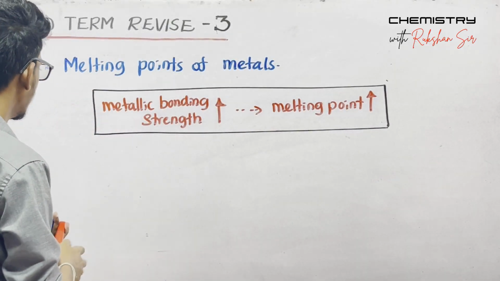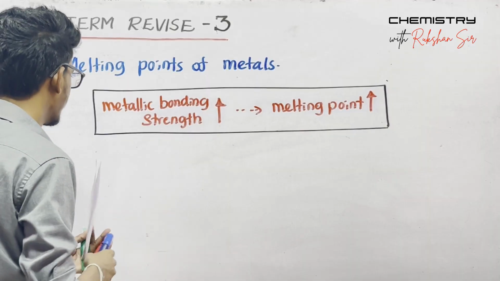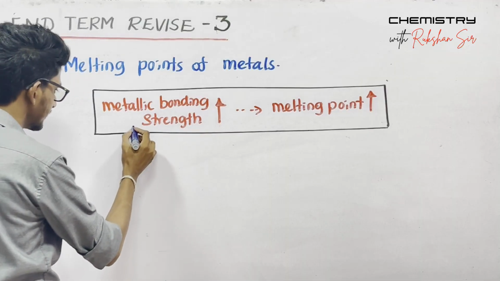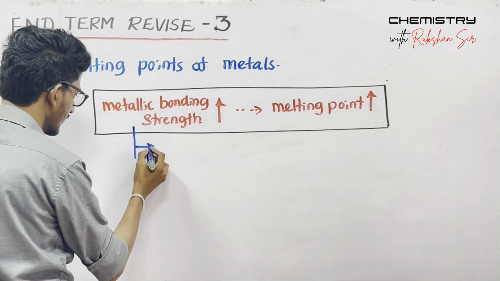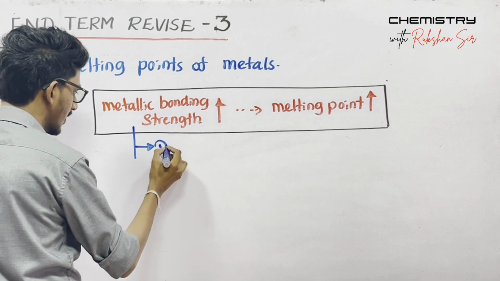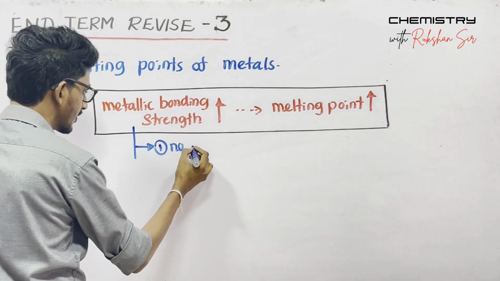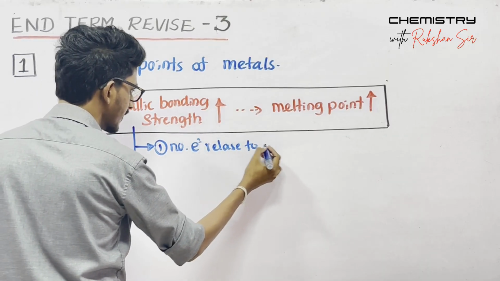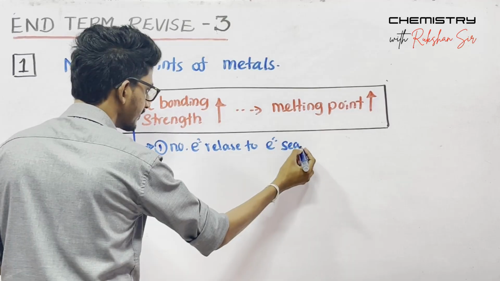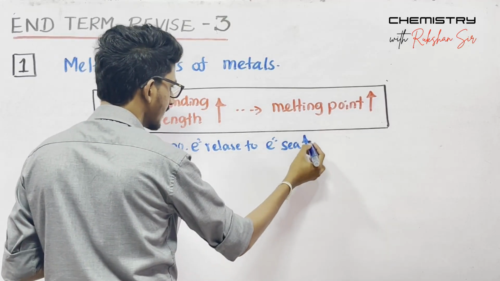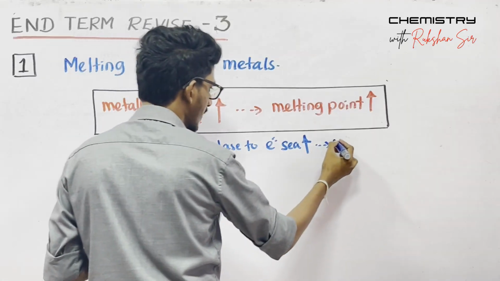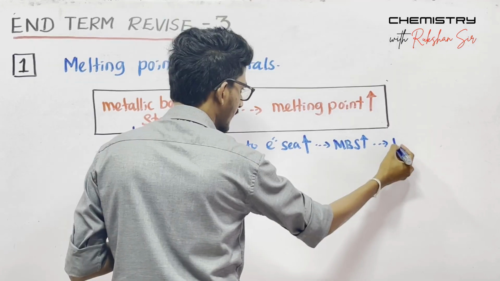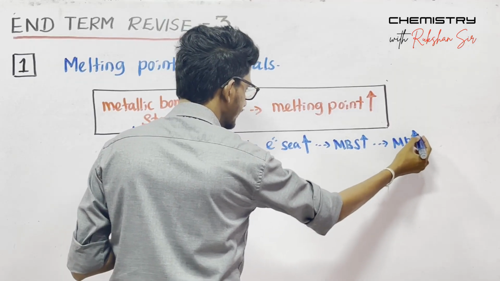There are 3 factors affecting the metallic bonding strength. What are the 3 factors? Factor number 1, number of electrons released to the electron sea. When it is high, your metallic bonding strength is high, so the melting point is going to be high.